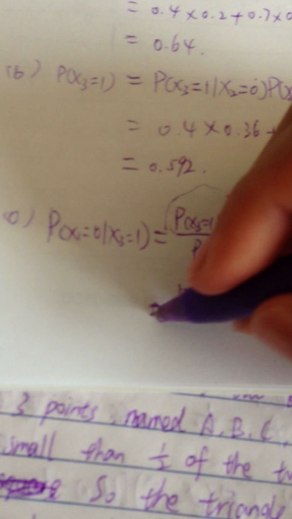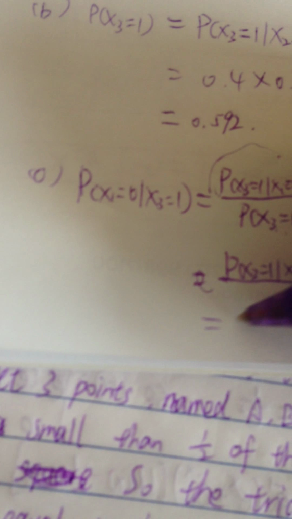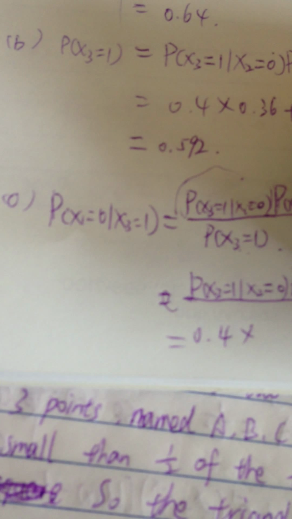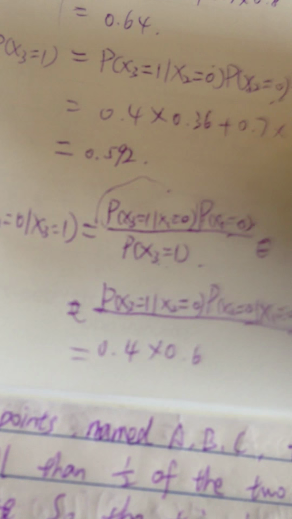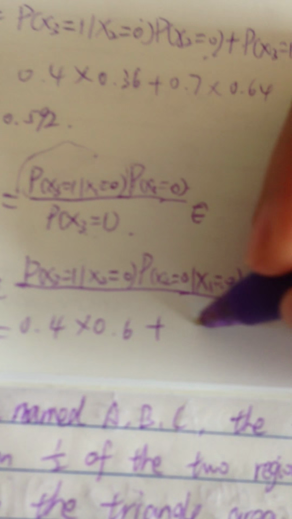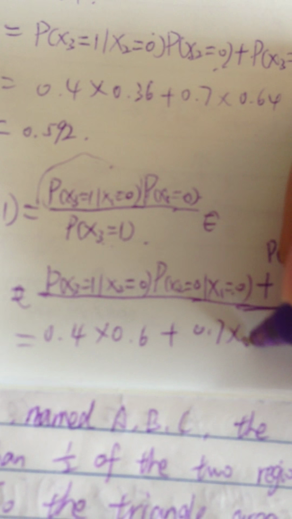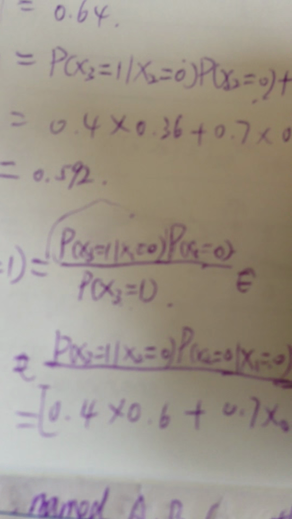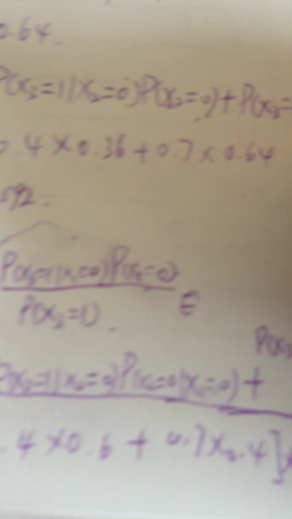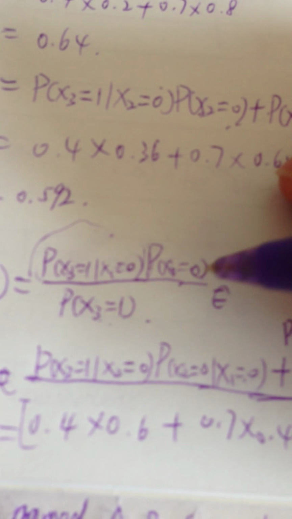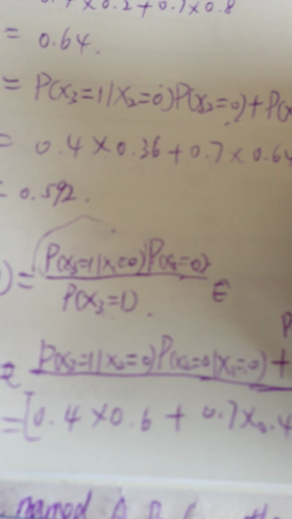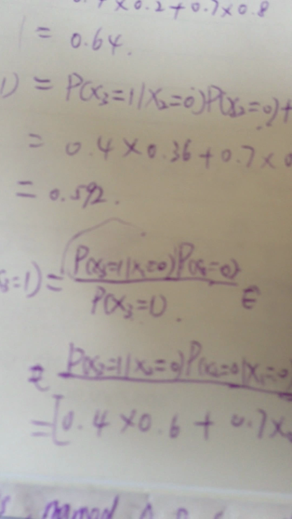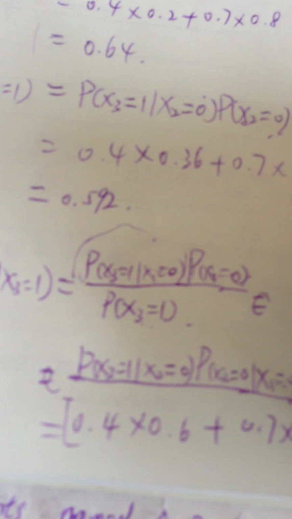So this part equals 0.4 multiplied by 0.6, plus 0.7 multiplied by 0.4, and we multiply by the probability of x1 equals 0, that is 0.2, and divide by the probability of x3 equals 1, that is the answer of the second part.